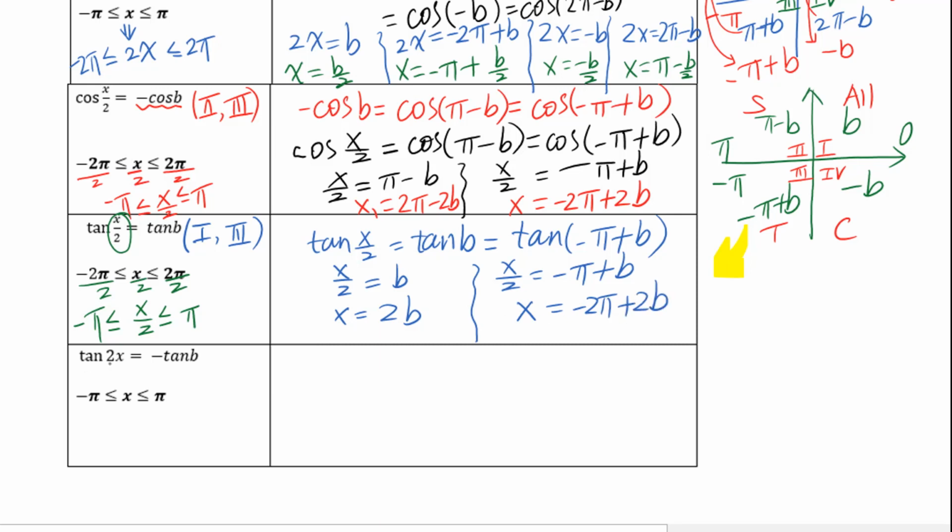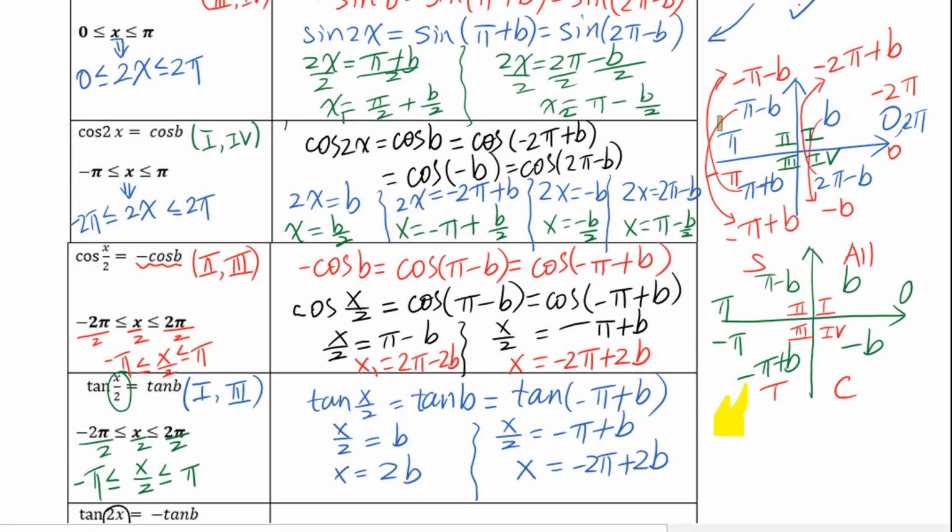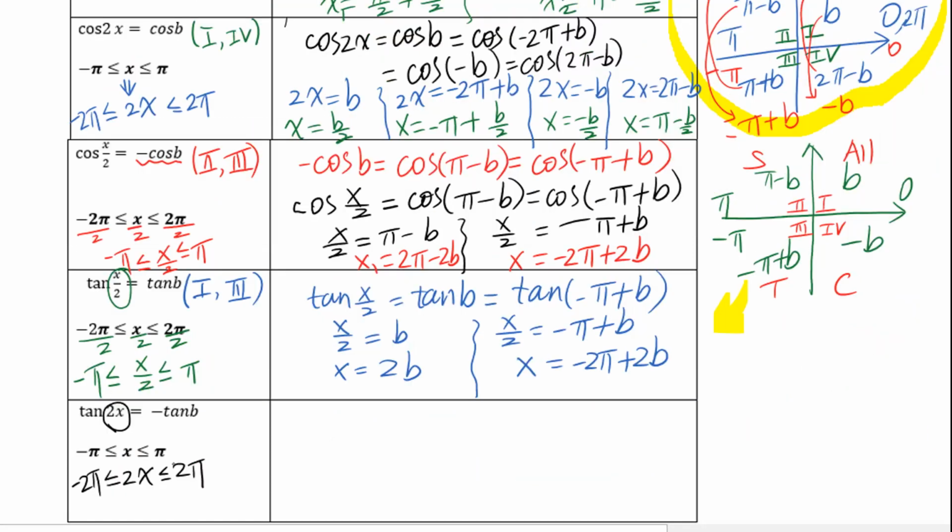Let's go to tangent 2x equals negative tangent b. Here is 2x, so we multiply by 2 for this inequality. You will get 2x greater than or equal to negative 2 pi, less than or equal to 2 pi. We are going to use this diagram. Since for negative tangent b, go to the second and then the fourth quadrant.